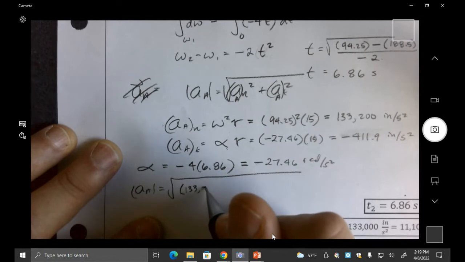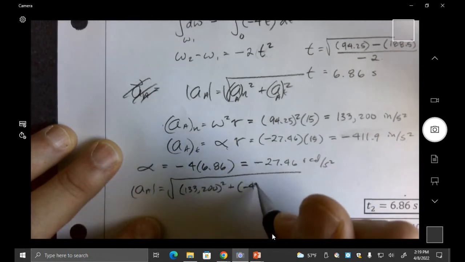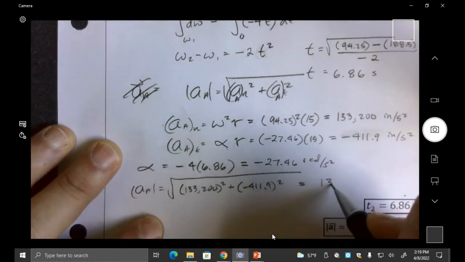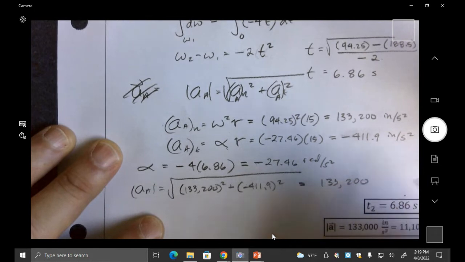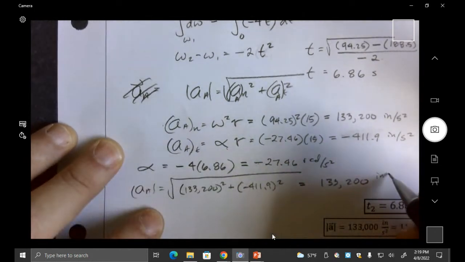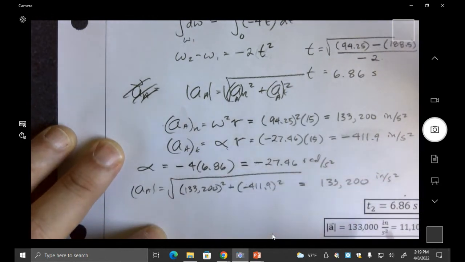So 133,200 squared plus negative 411.9 squared, you get 133,200, because it doesn't change. It didn't change at all. Well, it was the best of intentions. What can you say?